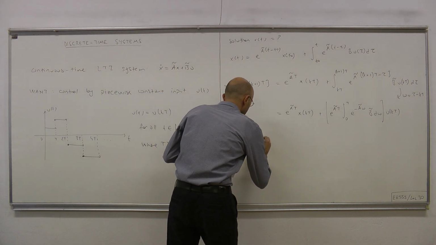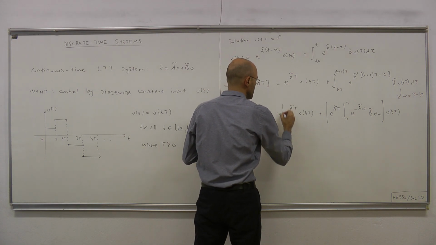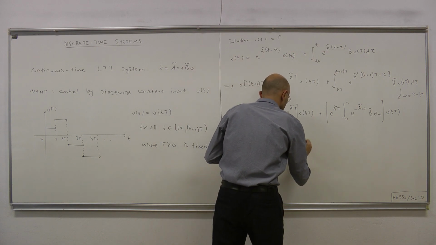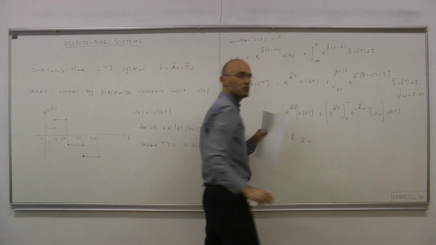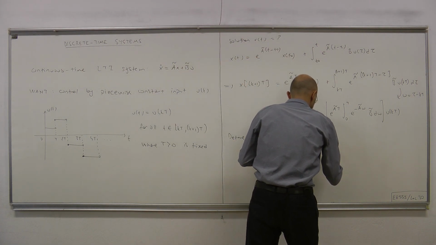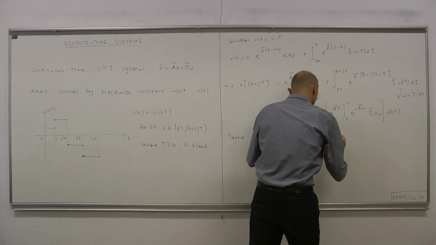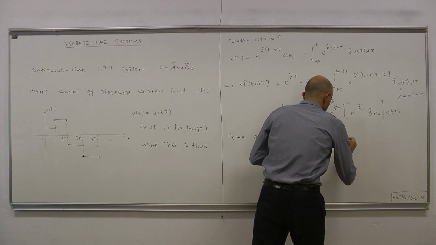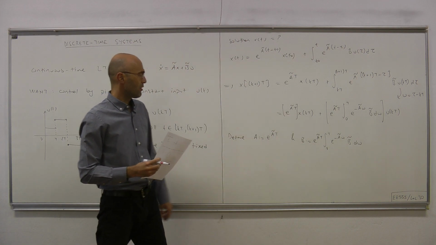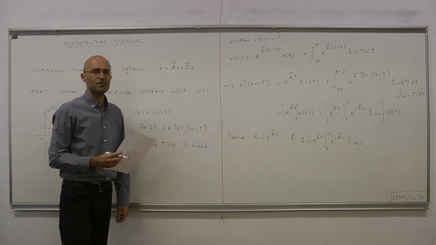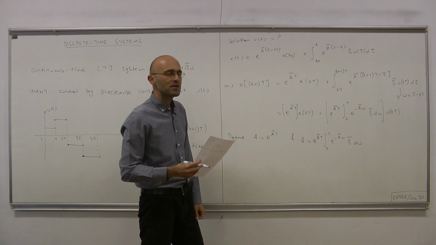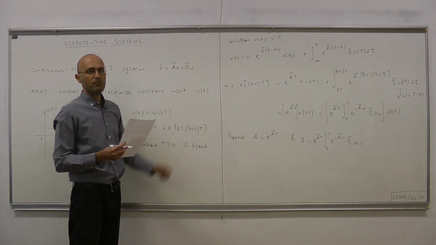Define A without tilde as this matrix here, e^(ÃT), and define B as this matrix which multiplies the control input, the integral from 0 to T of e^(Ã(T−ω)) B̃ dω. So A is a square matrix, n by n, n being the order of the system, and B is an n by m matrix, where m is the size of the input vector.